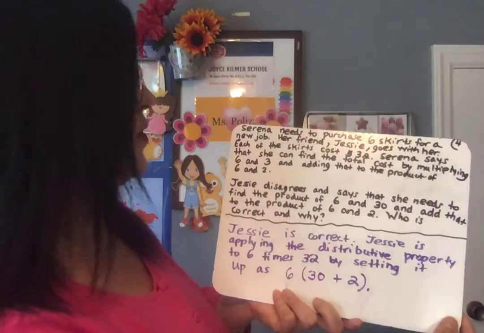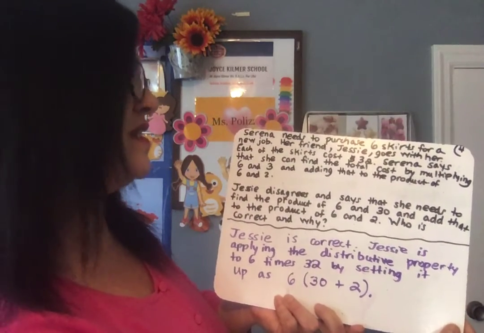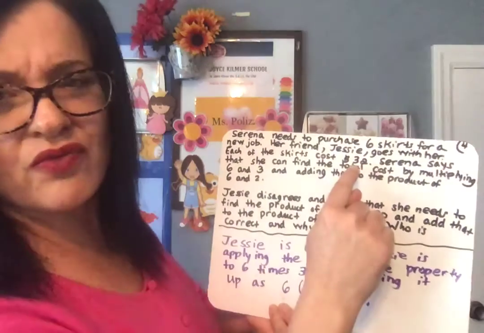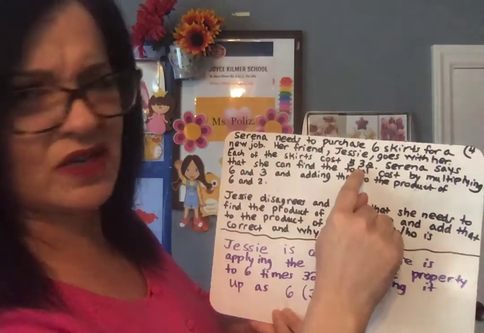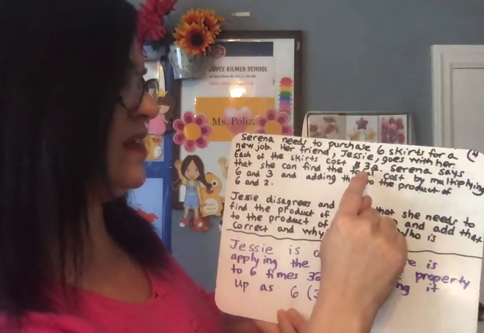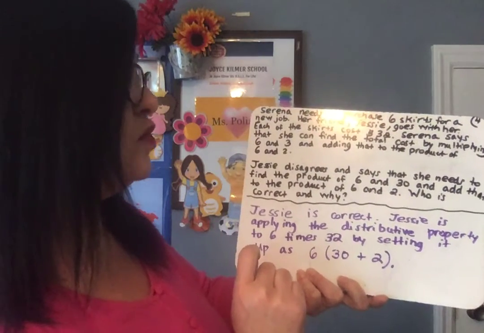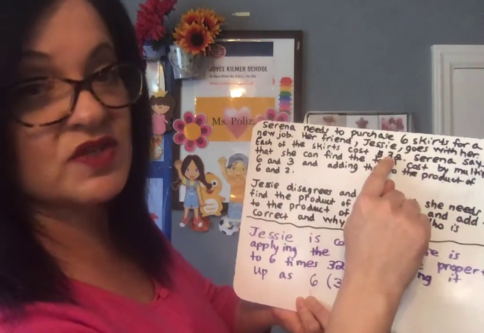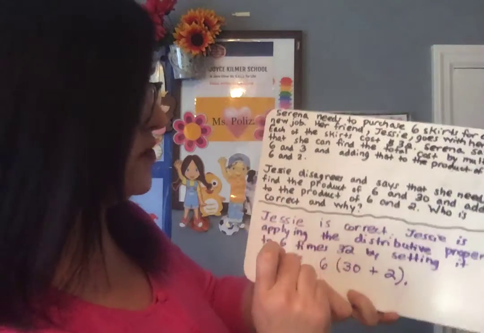Well, I looked at both, and when I looked at what Serena said, it didn't make sense to me because she said you'd multiply 6 and 3. But 3, as you know, really means 30, right, in this case. So it can't be that. Whereas Jessie says that you multiply 6 and 30, which is right because the 3 represents 30 and the 2 represents 2 ones, right?